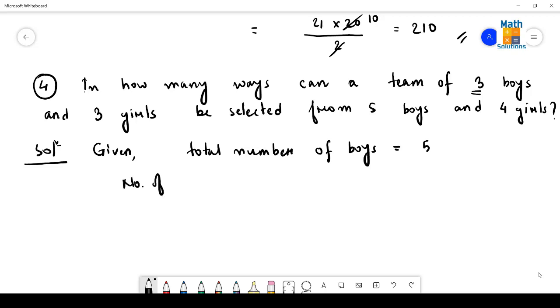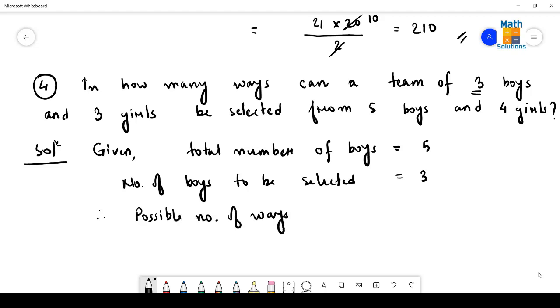Therefore, the possible number of ways of selecting boys will be what? Total 5 boys were there, out of which exactly 3 boys we have to select. So 5C3, out of 5, I am selecting 3 boys.